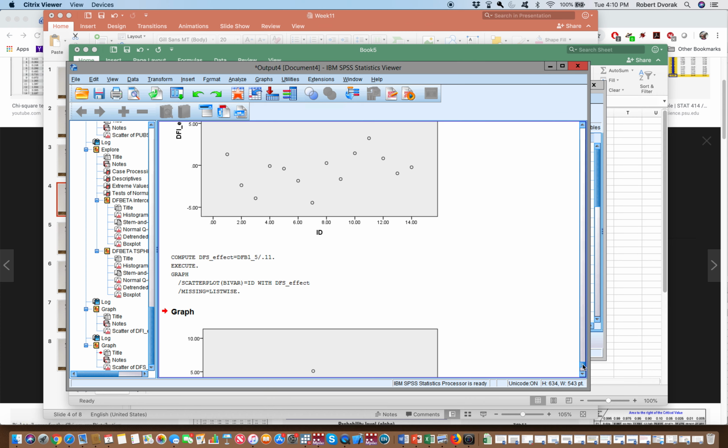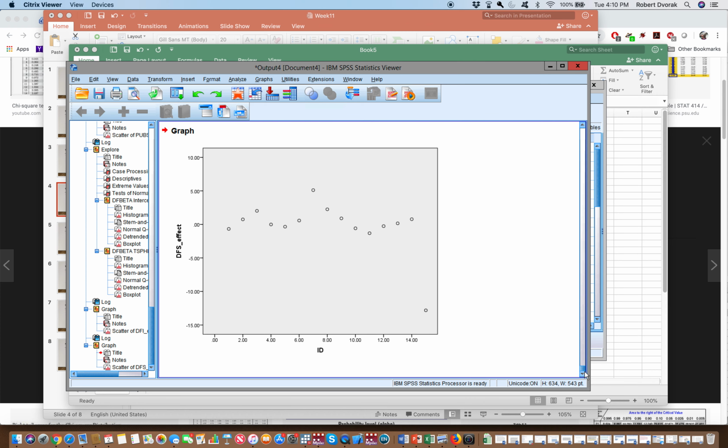And what we see here is, again, these are the kind of general effects that we would have if we were to remove any one of these, and they're pretty close to zero, right? But we have this one person who is exerting a dramatic effect on our slope. This person is problematic for sure, and that is significant influence.